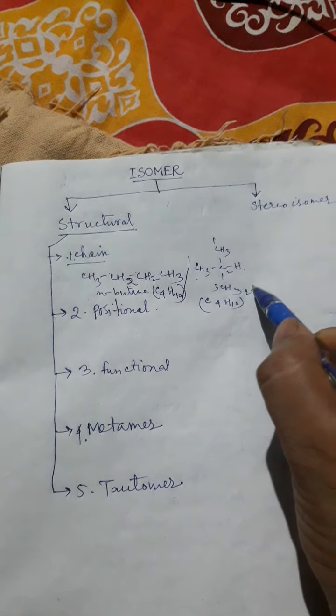So these two, due to chain length difference, branching or straight, are called chain isomers.